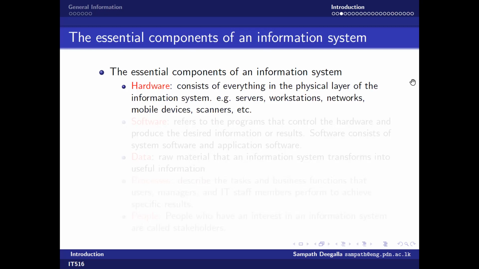The essential components of an information system: we talk about hardware. Now, for those who have computerized information systems or computer systems, you might see some hardware available in your places. For example, if I take our university, we have a set of servers located here. Actually, the Learn system is located here.